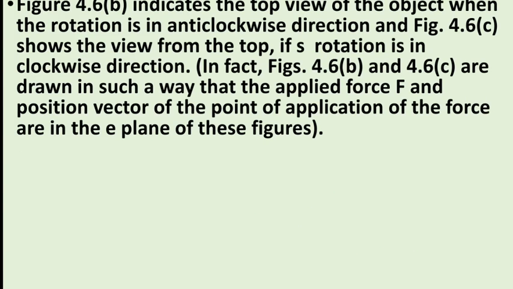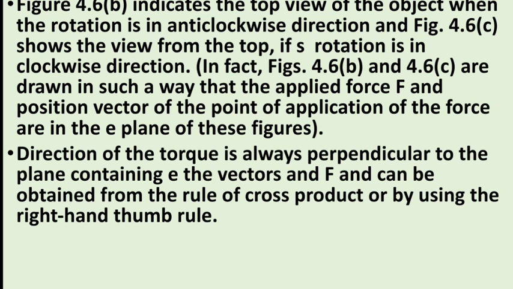Figure 4.6b indicates the top view of the object when the rotation is in anticlockwise direction, and figure 4.6c shows the view from the top if rotation is in the clockwise direction. In fact, figures 4.6b and 4.6c are drawn in such a way that the applied force F and position vector R of the point of application of the force are in the plane of these figures.